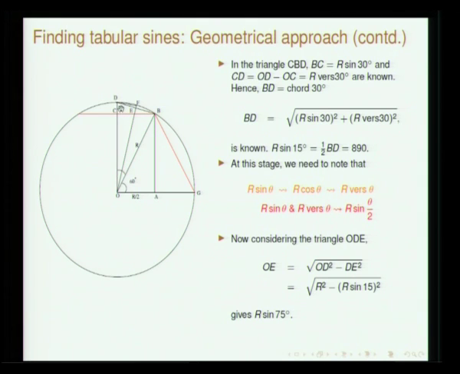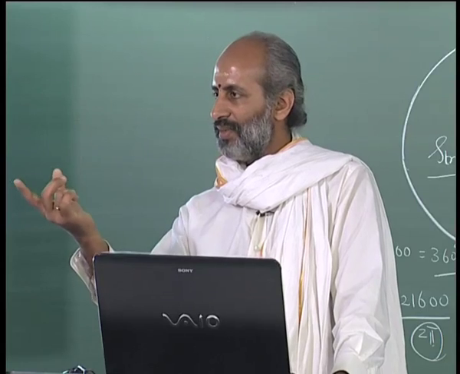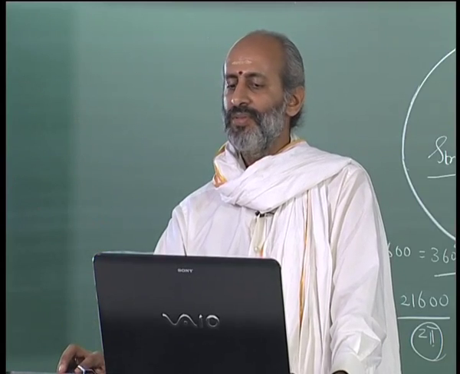So, OD is R, OC is R cos theta, so R minus R cos theta is basically CD, and this is also known. Once you have sin 30 and you know R cos theta, R minus R cos theta is known, so verse 30 is known.